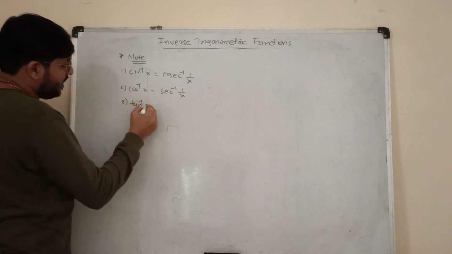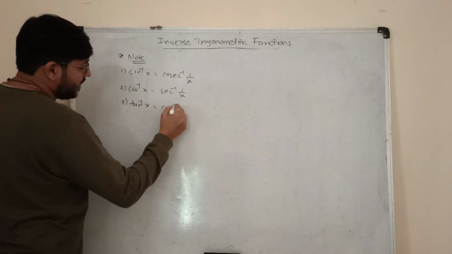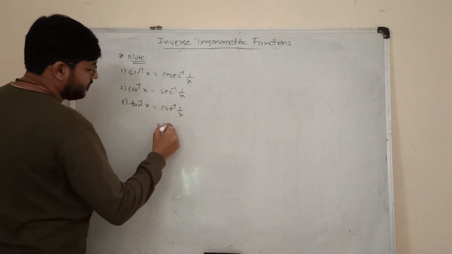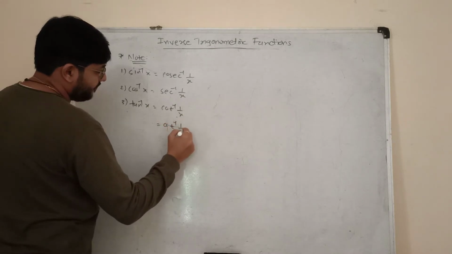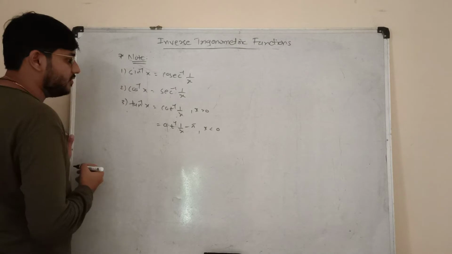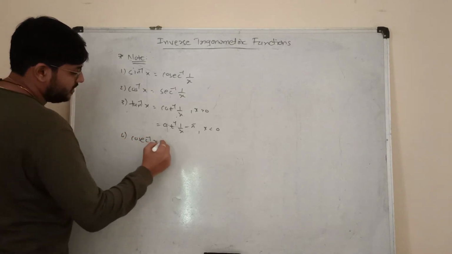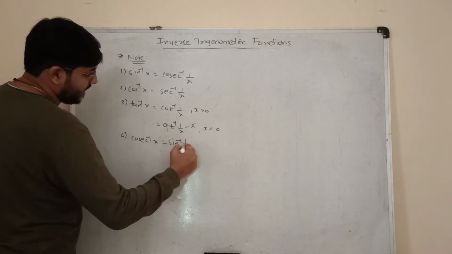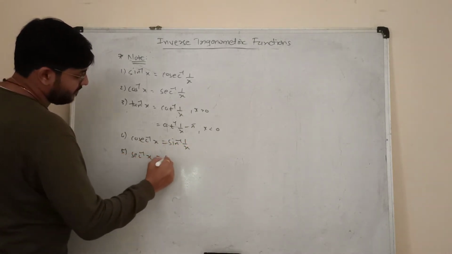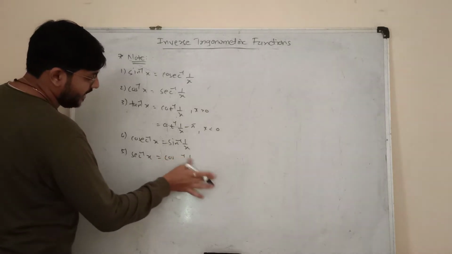If I have tan inverse of x, this is a special case where it is divided into two conditions, for positive values and for negative values. Similarly, if we have cosec inverse x, we can convert it into sine inverse 1 by x. If we have sec inverse x, we can convert it into cos inverse 1 by x.